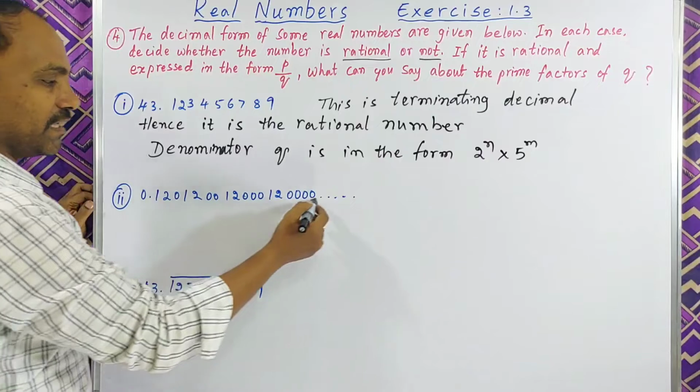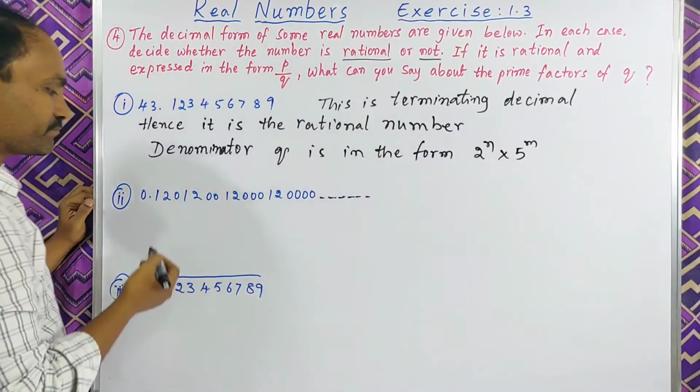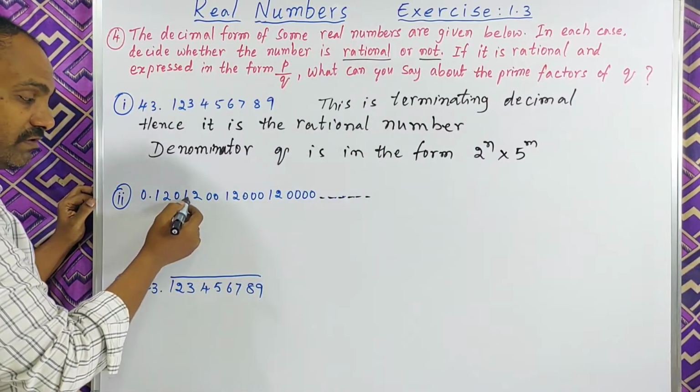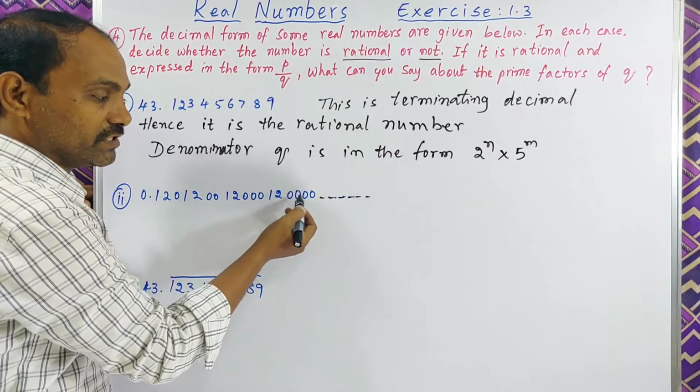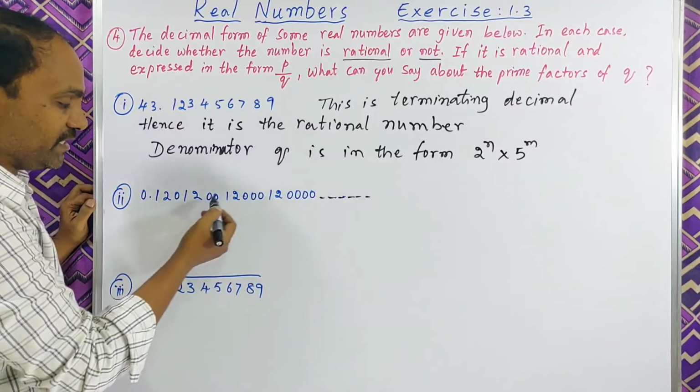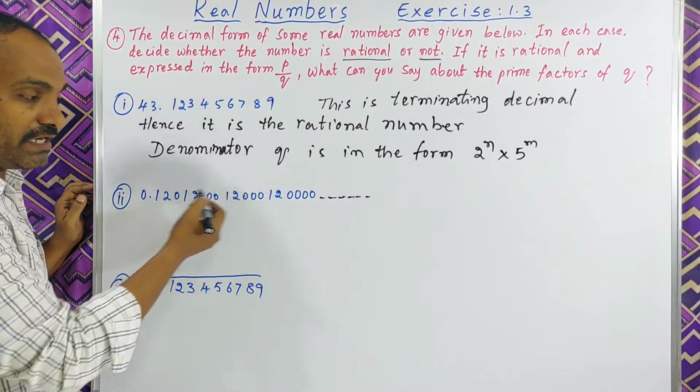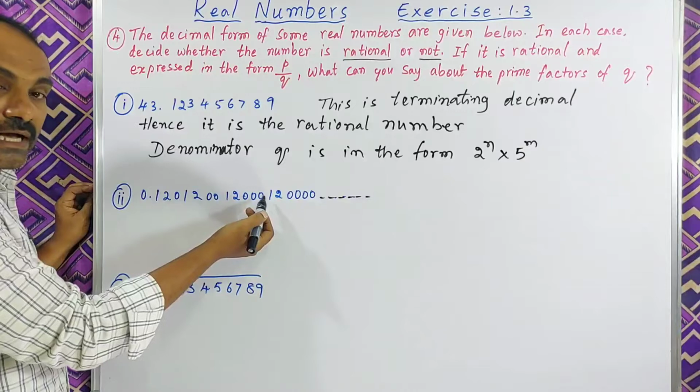Now let us check the next one. Here dots are there: 0.120, 1200, 12000, 1200000. Here this one is non-terminating, non-repeating. Remember, non-repeating also.